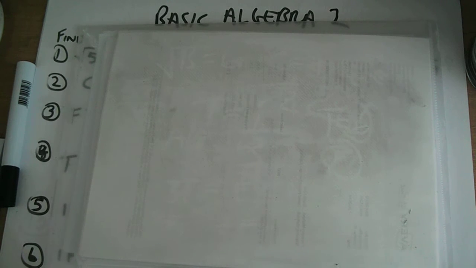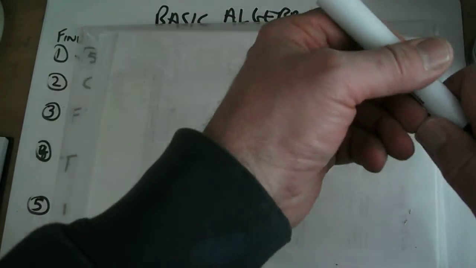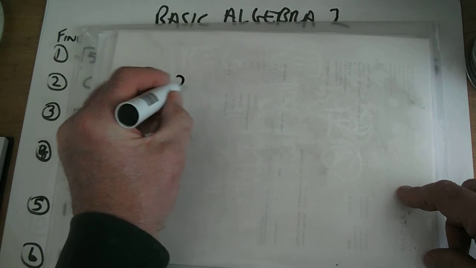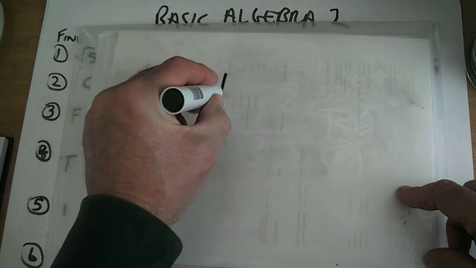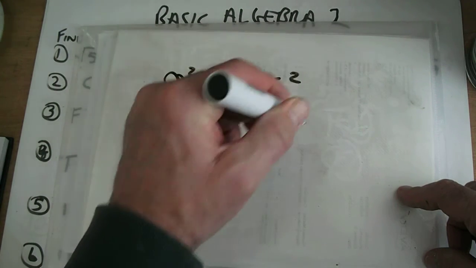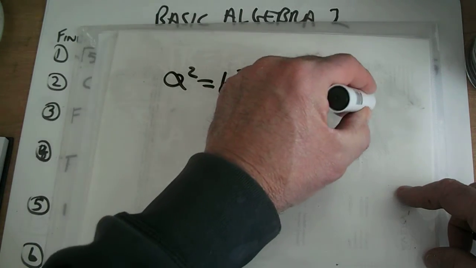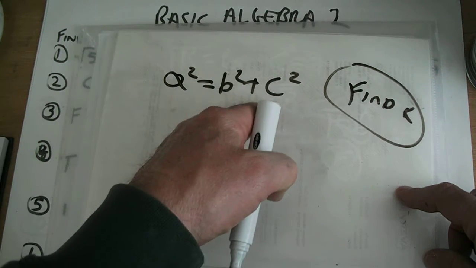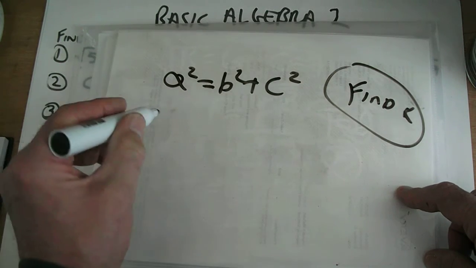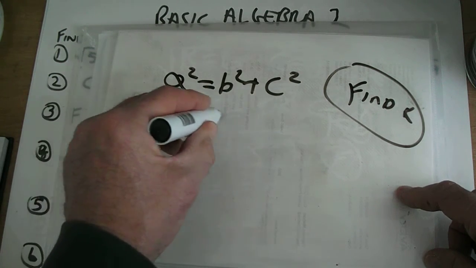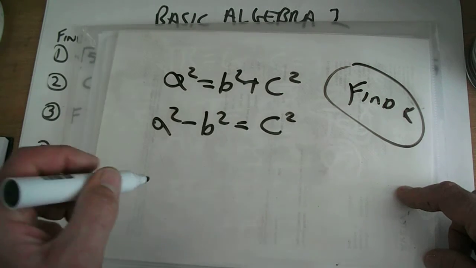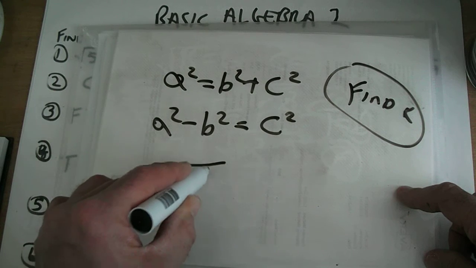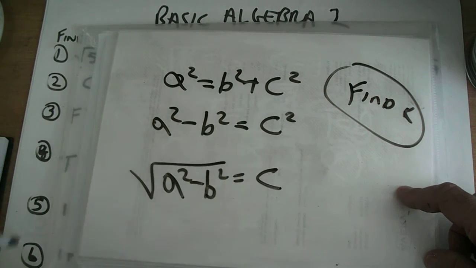Okay, one last one. We've got a squared equals b squared plus c squared, and I'm trying to find c, then I've got to get c on its own, so I move the b over to the other side. A squared minus b squared equals c squared. So now I know that the square root of a squared minus b squared equals c.